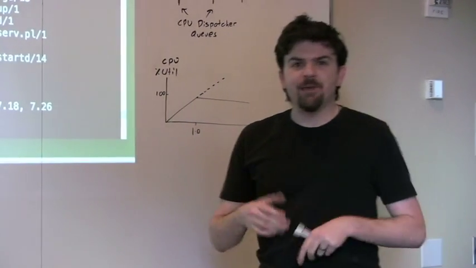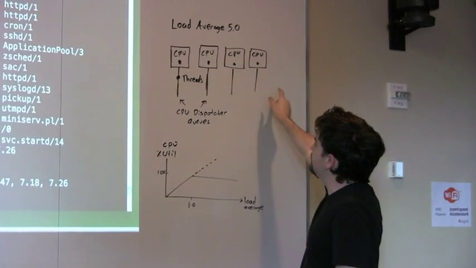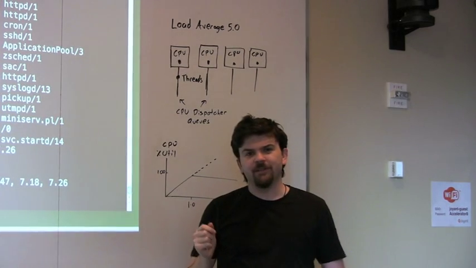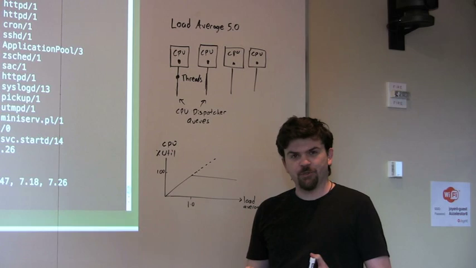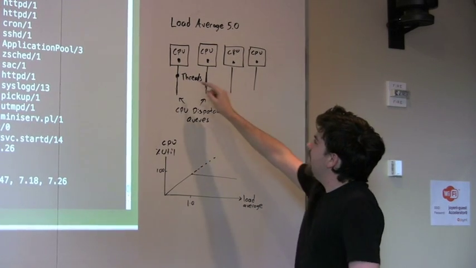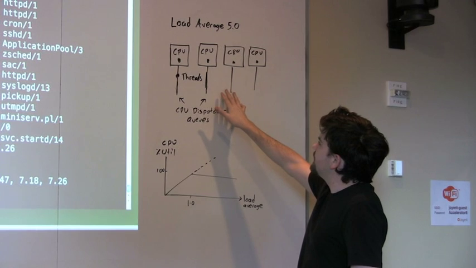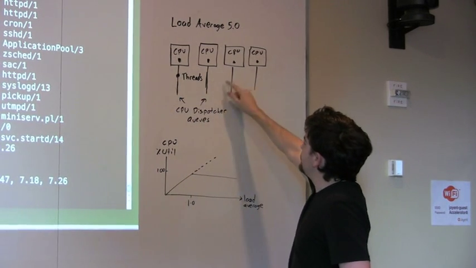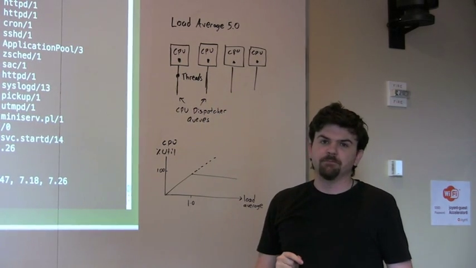If you'd like a way to think about this, and sorry for the analogy, imagine these are toll booths at the Golden Gate Bridge here in San Francisco, and you're driving up to cross the bridge, and the threads are cars. If I was to drive up to the system here, then I would not get into this lane, but I'd get into one of these other lanes so that I could get onto the CPU sooner.